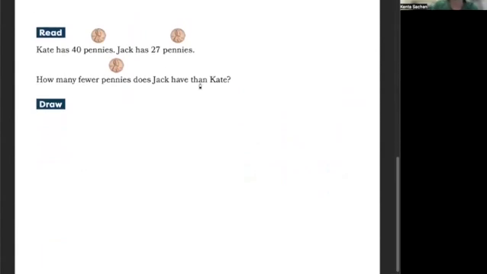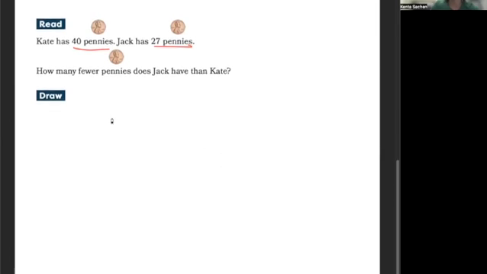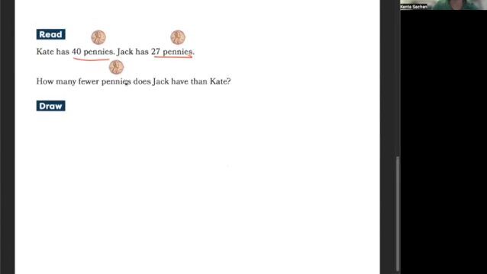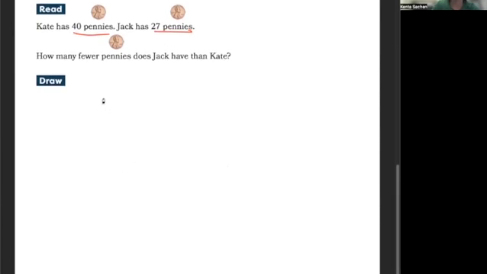Okay. It says, Kate has 40 pennies. Jack has 27 pennies. How many fewer pennies does Jack have than Kate? Now, just like I did before with my first problem, I can start by drawing my two rectangles, right? So now Kate, how many pennies does Kate have, everyone?